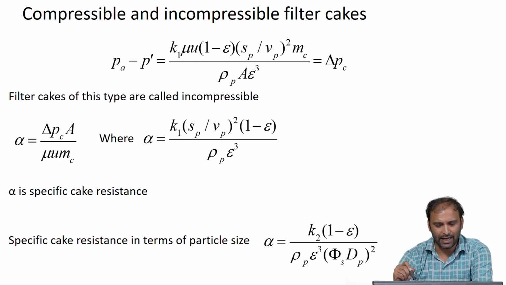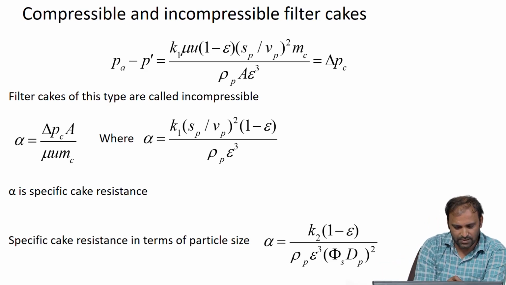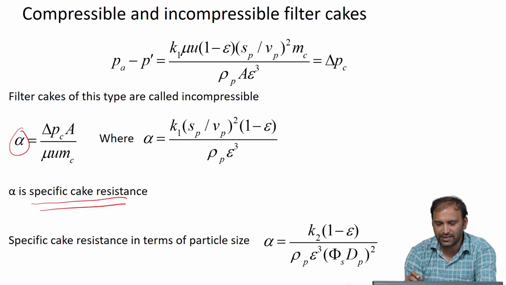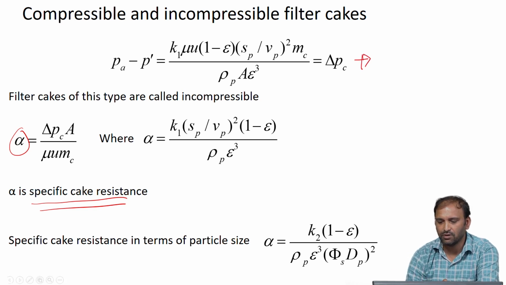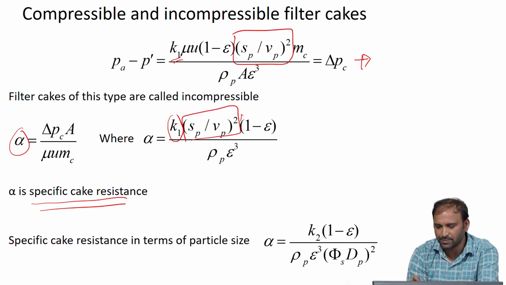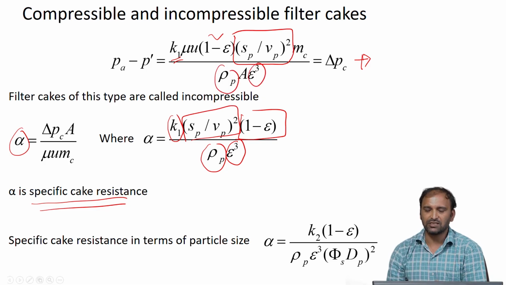Now I can define a particular quantity called the specific cake resistance, by manipulating this expression. I club a lot of constants together: K1, Sp by Vp whole square, 1 minus epsilon, and rho p into epsilon cubed.